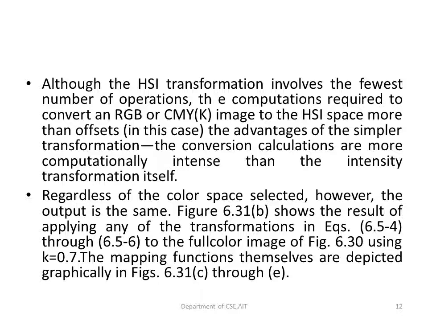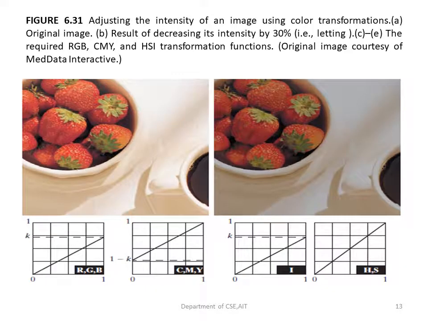The mapping functions are given as C, D and E. Figure A is the original image, and B is the result of decreasing its intensity by 30%, that is, k equal to 0.7. The images C, D and E give us the RGB, CMY and HSI transformation functions.